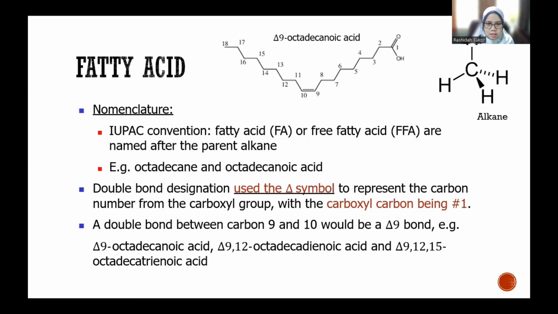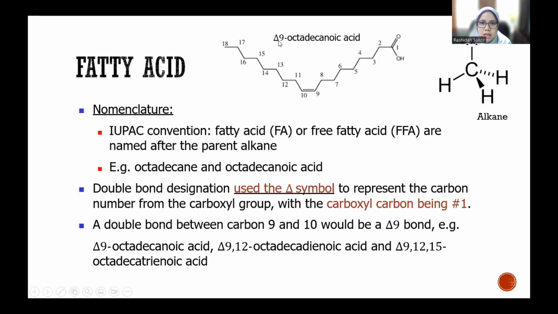This triangle symbol tells you the nomenclature, where the location of the double bond is. If there is a double bond, this fatty acid is unsaturated, because it has a double bond. So how do we know the location? We look at the structure and then the symbol.